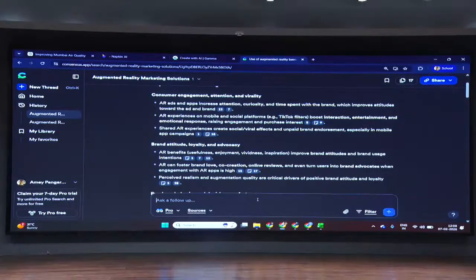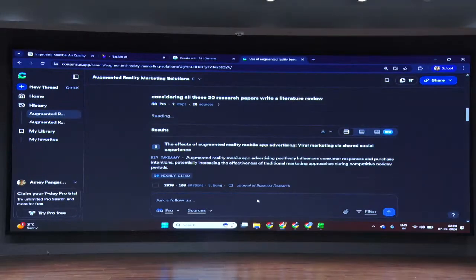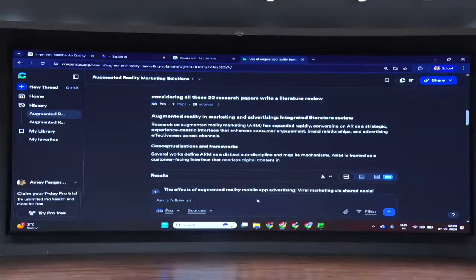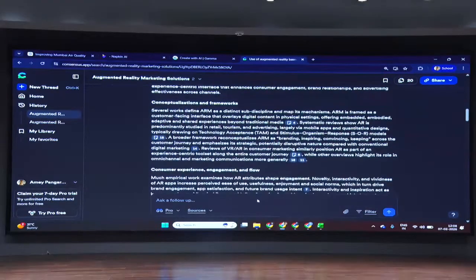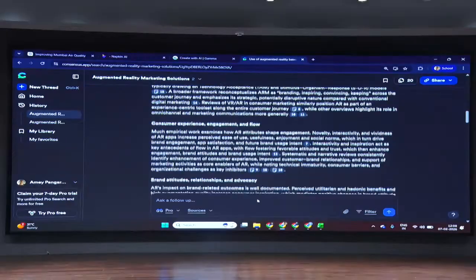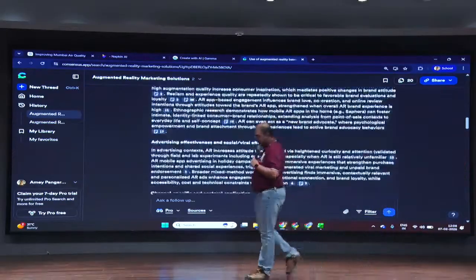Okay, let's generate. You have the literature review in front of you. A detailed literature review is there in front of you.